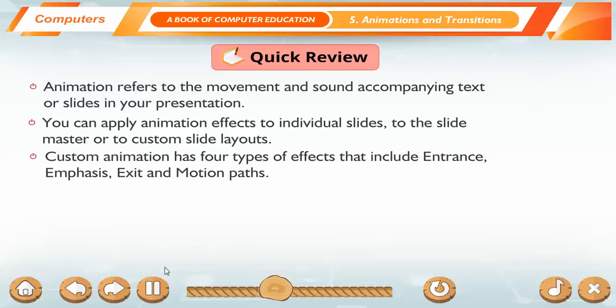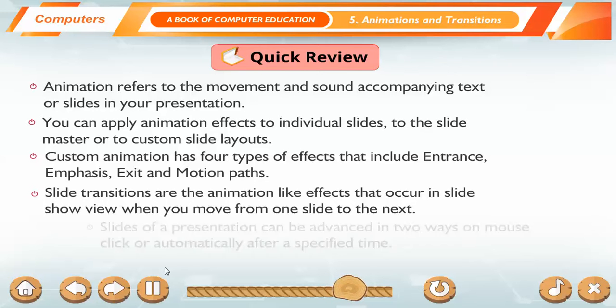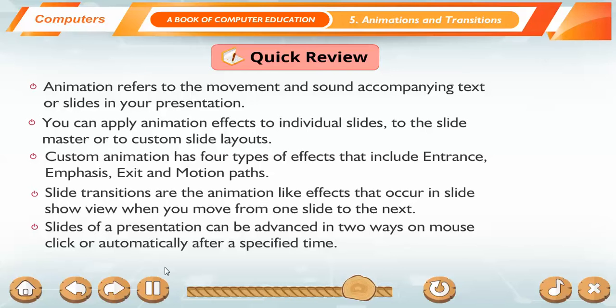Custom animation has 4 types of effects that include entrance, emphasis, exit, and motion paths. Slide transitions are the animation-like effects that occur in slideshow view when you move from one slide to the next. Slides of a presentation can be advanced in 2 ways, on mouse click or automatically after a specified time.